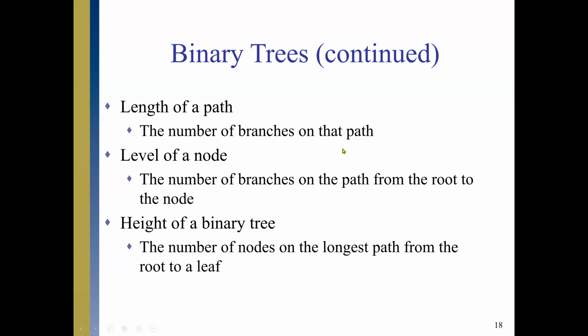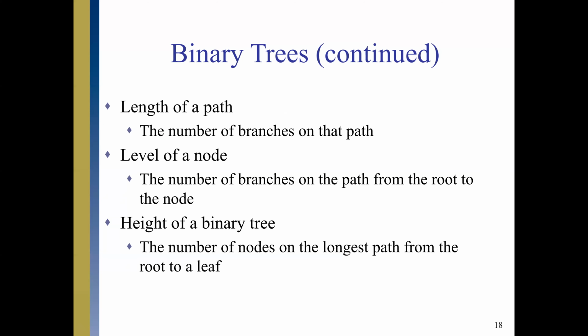Again, we start from level 0, which is the root, all the way down, depends on the size of the tree. Let's say if we have 3 levels, then we start from 0 of the root all the way to the 3rd level, which would be all leaves. Always the last level, all the nodes are leaves.